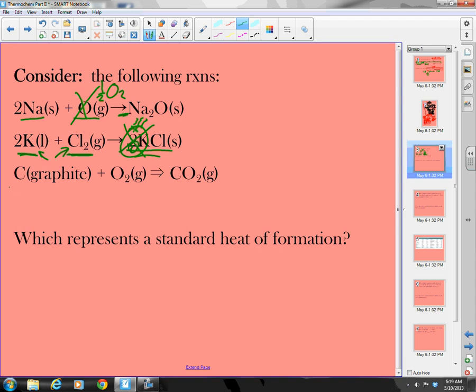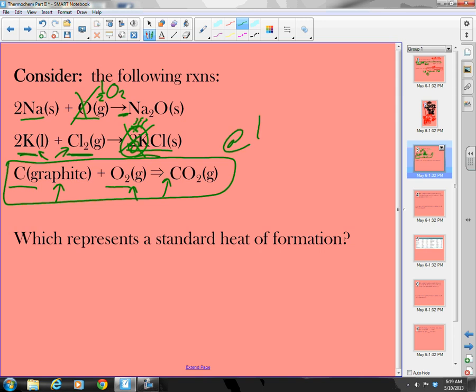I have carbon, and it's graphite. That's a stable form. Oxygen, O2. It's the most stable form. And I form what? 1 mole. Woohoo! Here we go. This is our winner chicken dinner right there. That represents a standard heat of formation as long as it's at 1 atmosphere and 25 degrees Celsius. Woohoo! Good. That's a neat piece of cake.